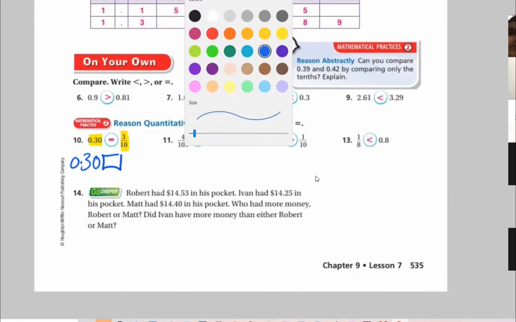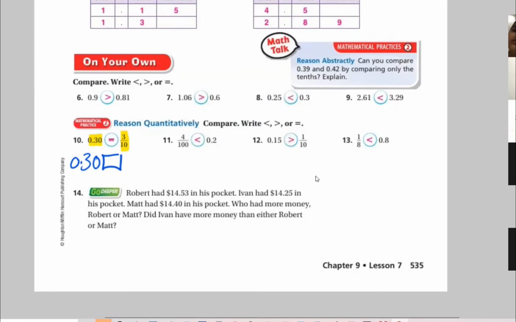So if I ask you, 3/10 equals how much in decimal? 0.03. No, I don't think so, because it's just 10 in the denominator. It would be right if we had 100 in the denominator. It would be 0.03.